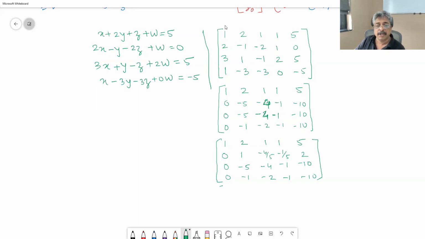Okay, then we want to make this 0. So if I want to make this 0, 1, 2, 1, 1, 5, 0, 1, minus 4/5, minus 1/5, 2. If I want to make this 0, multiply this by 5 and add, 0, 0. So in the last row, it should be minus. Here it should be plus.